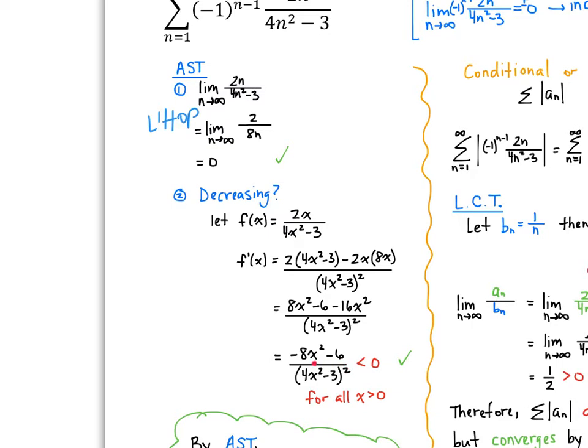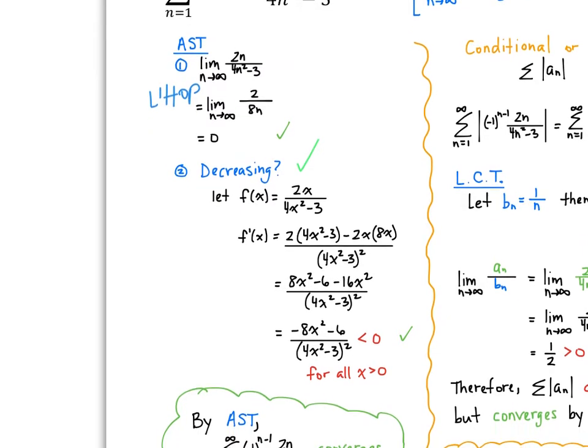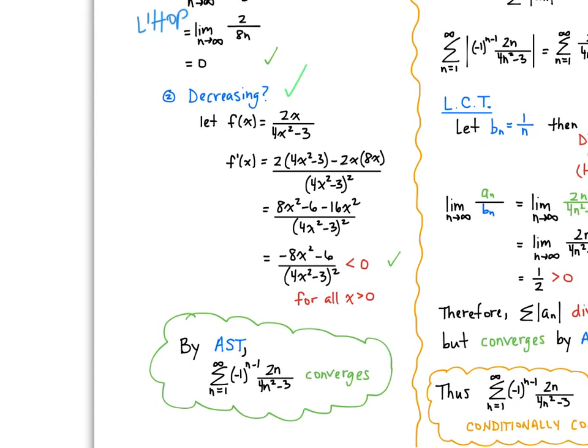Well, our denominator will always be positive because it's a quantity being squared, and our numerator will always be negative for any x value greater than 0. So therefore, we've met the criteria that this is a decreasing series, okay? So because we met those two criteria, we can say by the alternating series test, that series converges, okay?